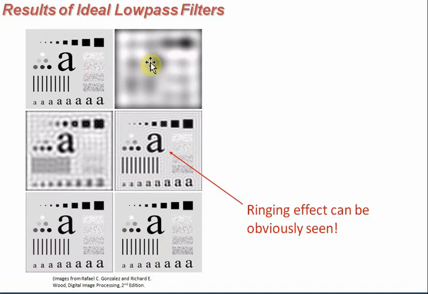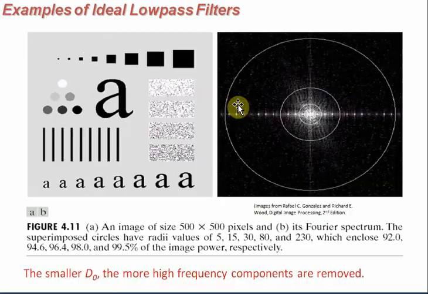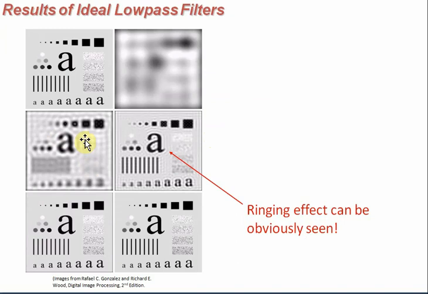If I consider the radius 5, beyond 5 all the values are eliminated, and I get an image like this. It's totally blurred, and I cannot see my original image here. Now the next level, with the radius 15, gives an image like this. Then 30, see this; 80, this one.